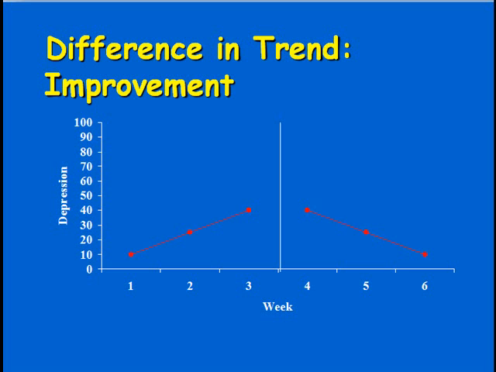Adding to our vocabulary, in addition to talking about changes in level, we can also talk about differences in trend, differences in slope, the slope of the line. So in this baseline example, you can see that you have an upward slope, and if left uncontinued, the assumption would be that this slope would continue upward.